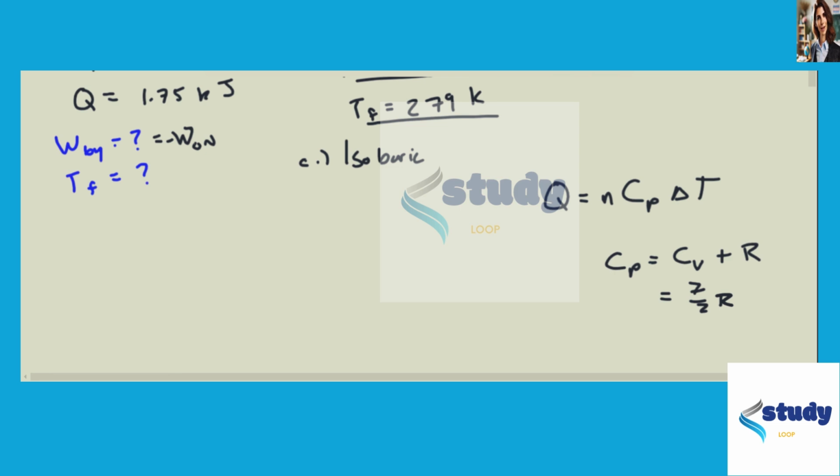Again, we'll plug some stuff in: 7/2 R for CP, 3.5 here, 1.75 kilojoules, so times 10 to the 3. We'll get a change in temperature, and we'll add that to our original temperature, and we'll find that our final temperature is about 272 Kelvin.